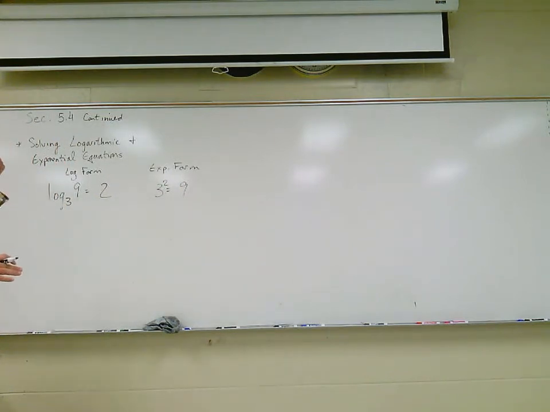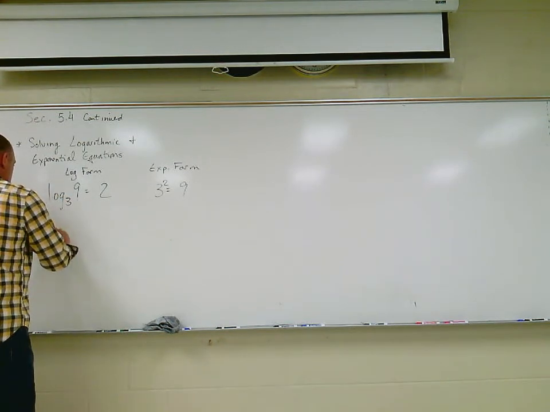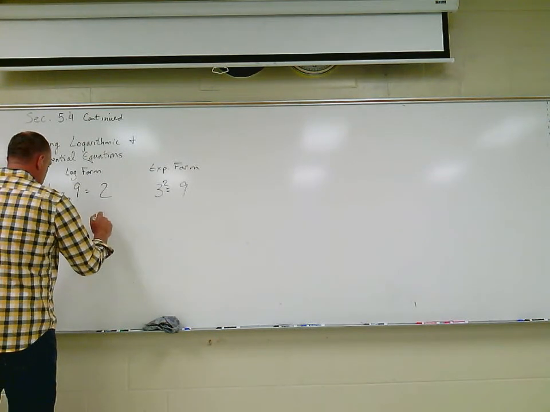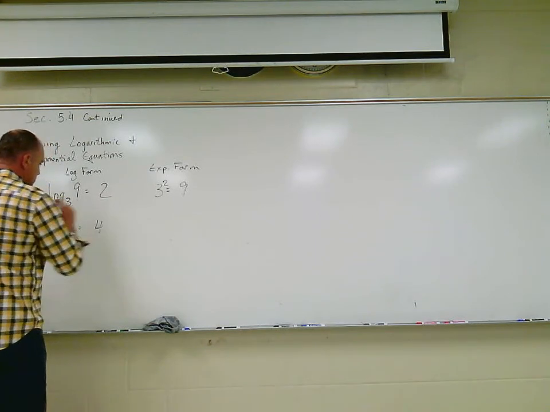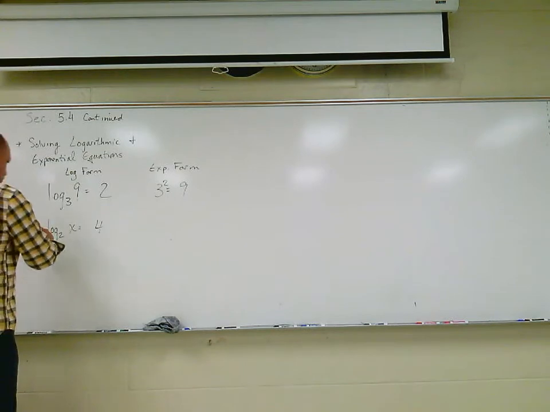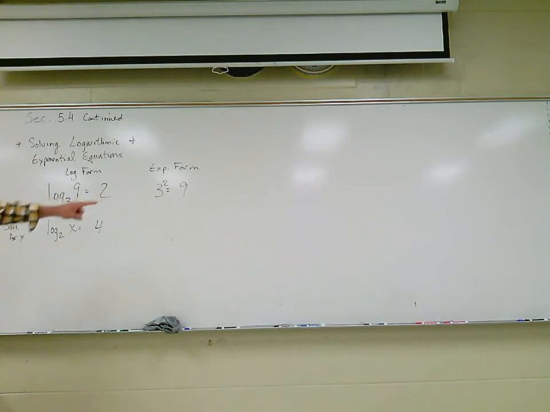So for instance, if I had an x here, let's just say we had log base 2 of x equals 4, something like this. Now we have a log in log form, but we want to solve for x. If we rewrite it in exponent form, this x is no longer inside the logarithm.